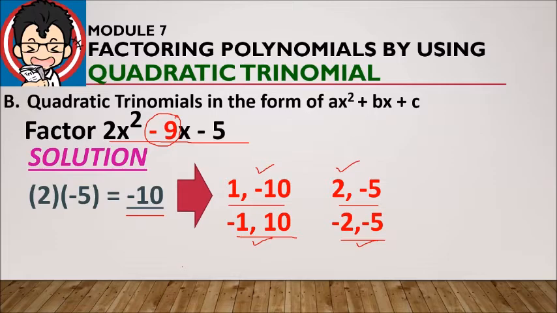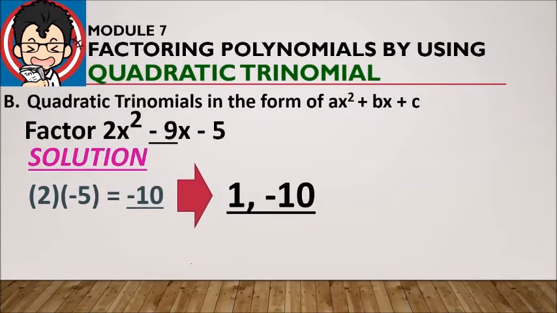Any idea? Very good. Okay. 1 and negative 10, that would give us negative 9. So, sila yung mga pares ng factors na i-consider natin. So, ano nang gagawin ko sa mga numbers na to? Let's see sa next step.